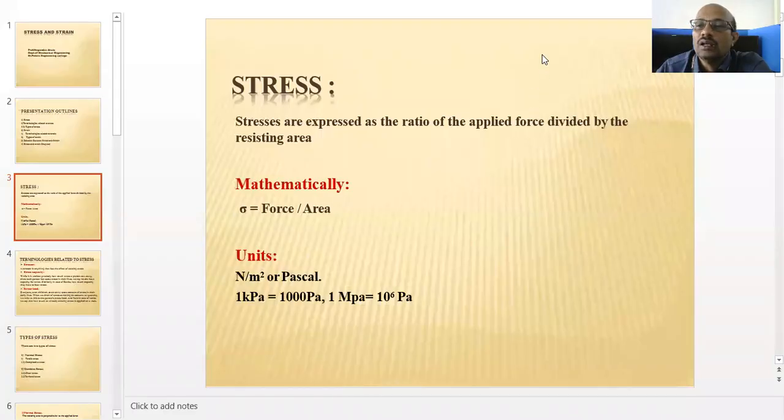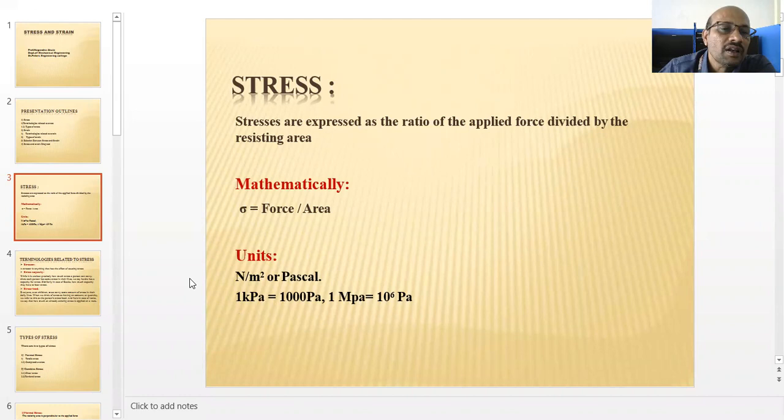So 1 kilopascal is 1000 Newton per meter square. Those are the units of stress.